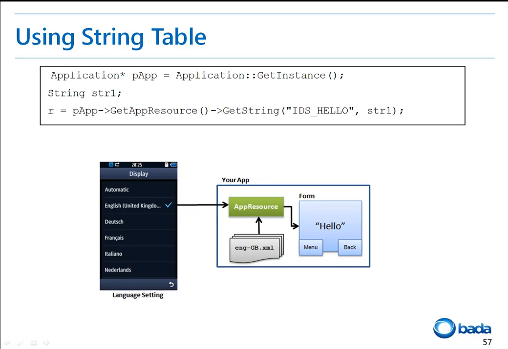The OSP app resource class of the app namespace handles localized string resources based on the preferred display language that's defined in the device settings. Depending on the device language setting, the proper string is picked up from the string table.